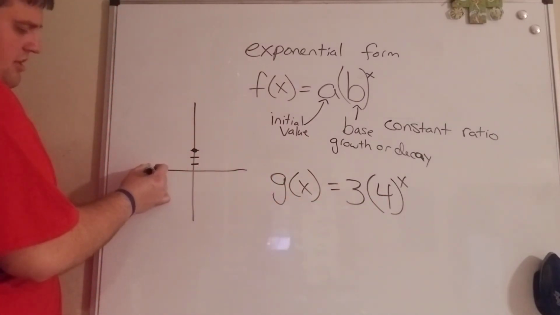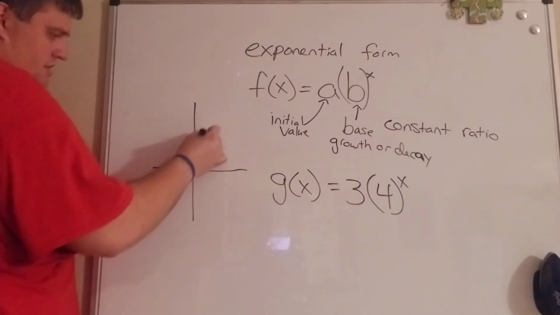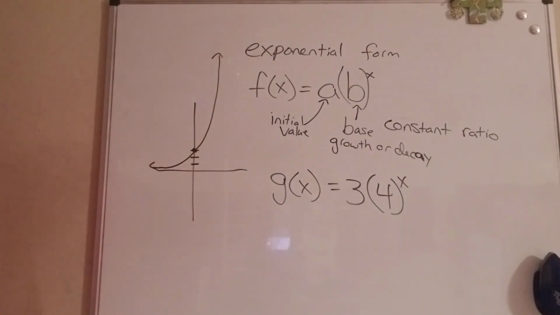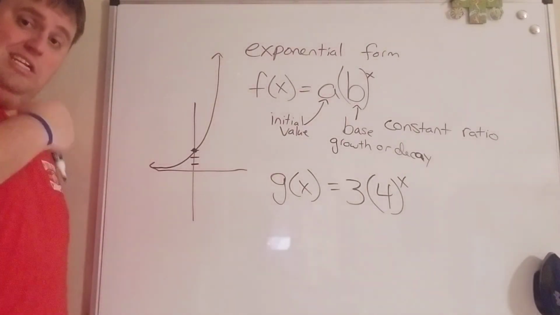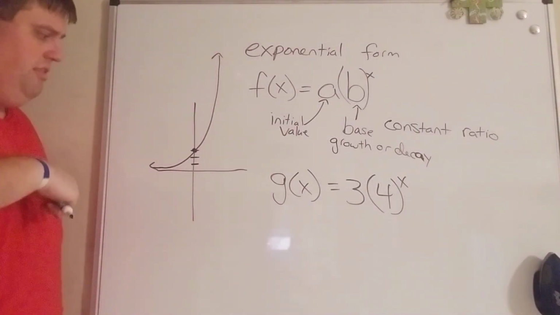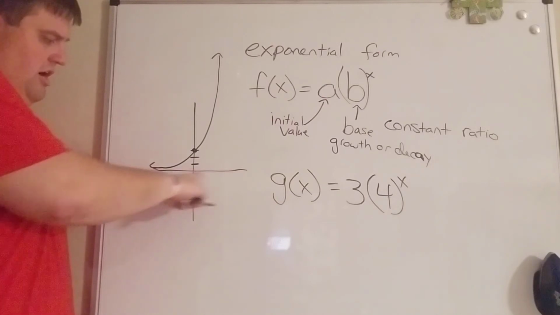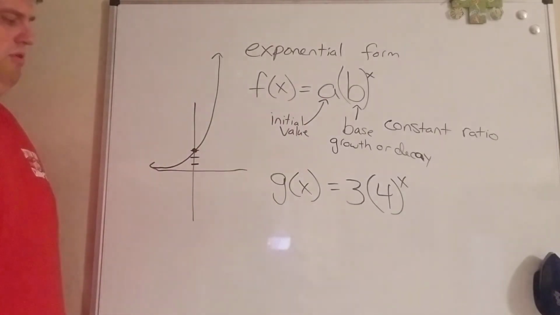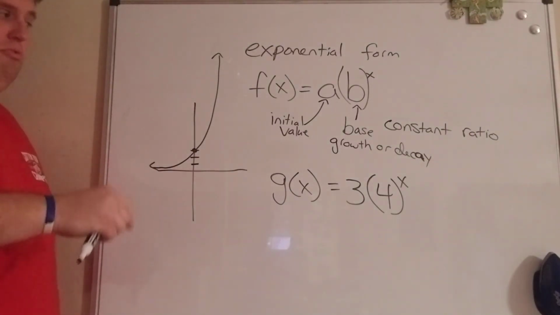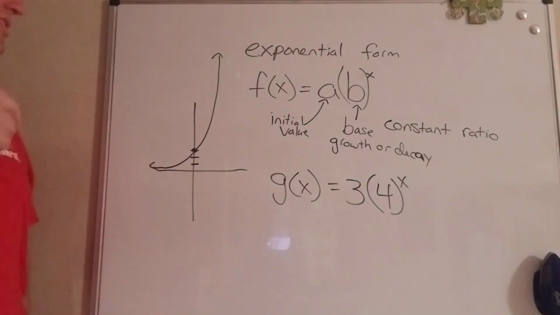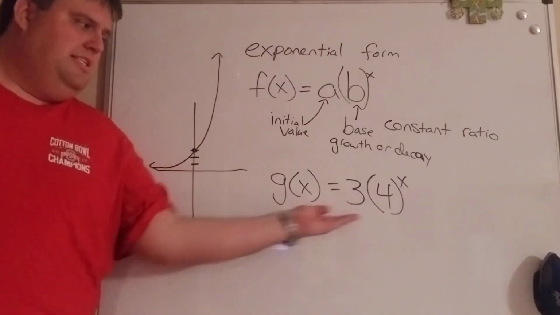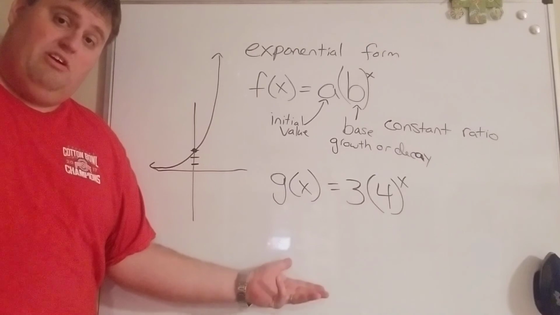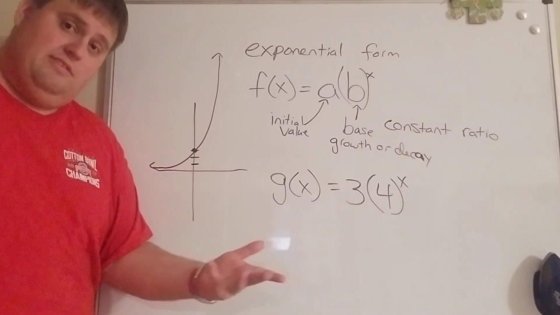We have this, and then it goes up, and there's our exponential function, right? Look at our key features. It's increasing. It's exponential growth. Here's our horizontal asymptote, and it's crossing the y-axis at the point 0, 3. And that's enough to piece together a really nice picture of, hey, this graph kind of looks like this.